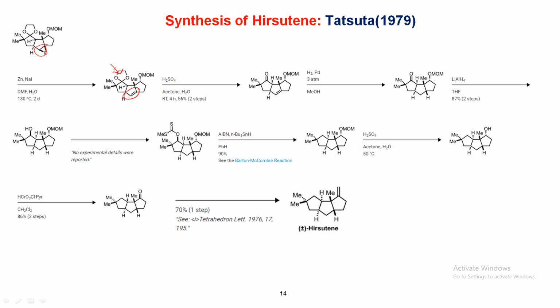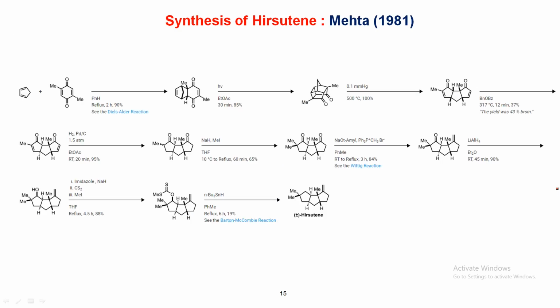So one thing I should explain in today's class is the total synthesis by Mehta. I think many of you know him. He is one of the great Indian chemists, Govardhan Mehta, and he did this total synthesis.